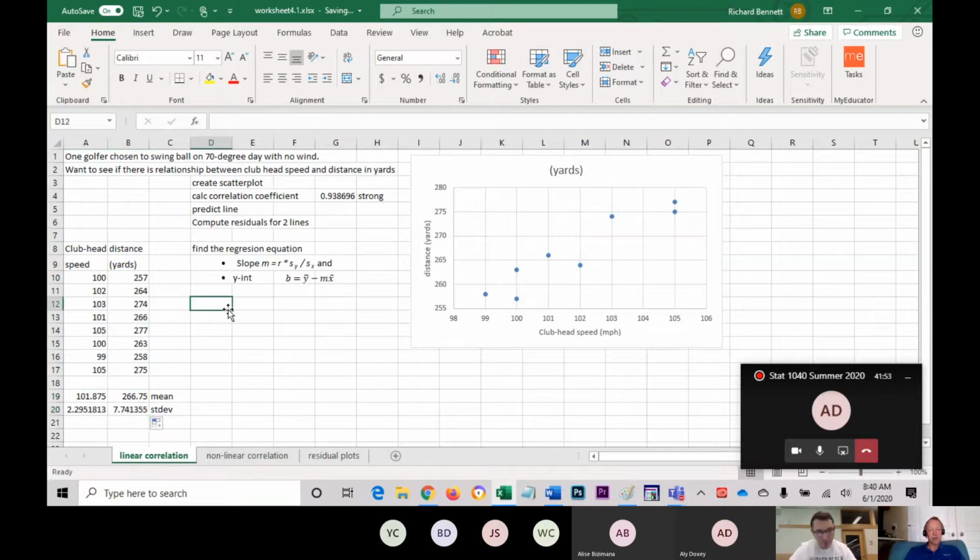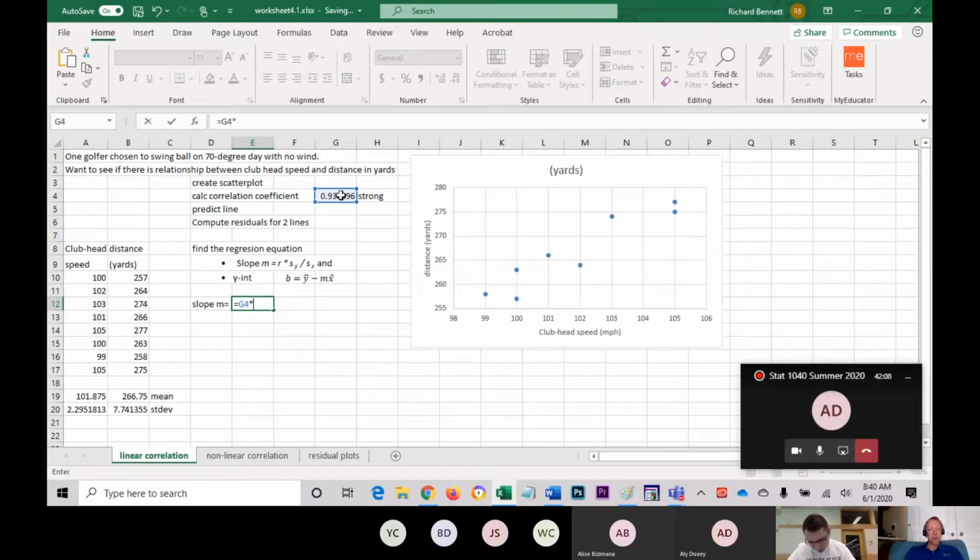Okay, so the idea here is if I find the slope m, that's going to equal the correlation coefficient, which I cheated and found that way, times the standard deviation of y. So we're saying that yards is the dependent or response variable, speed is the independent or explanatory variable, divided by the standard deviation of x.